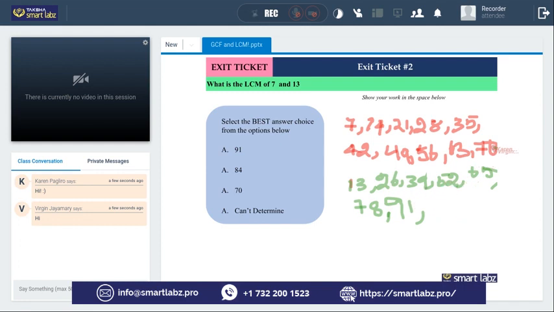Okay, so 70, here comes continuing seventh one. Number 7. So it is 77. 12 times 7 is 84. 12 times 8 is 96.